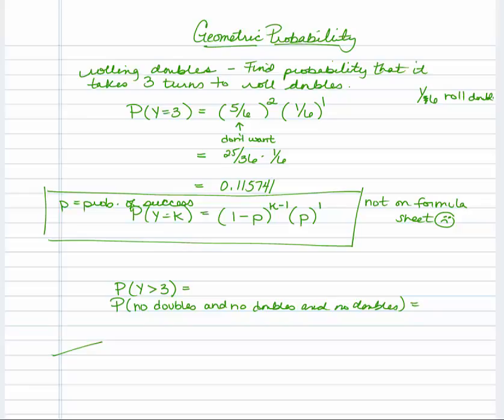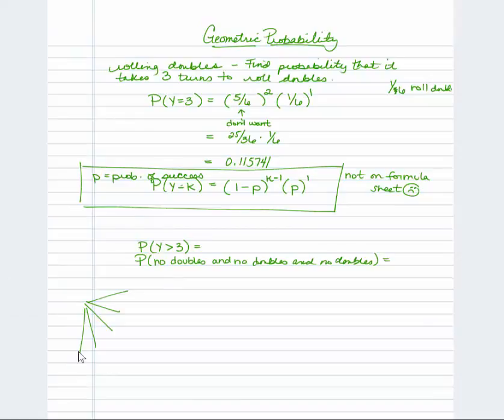Imagine this tree diagram. There's 6 different ways that you roll a die, and then off each one of these is 6 more ways where you could roll the second die. And doubles would be like 1, 1, 2, 2, 3, 3.